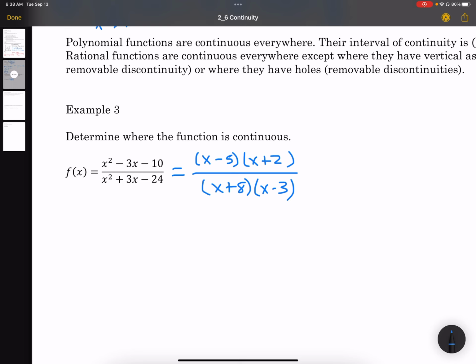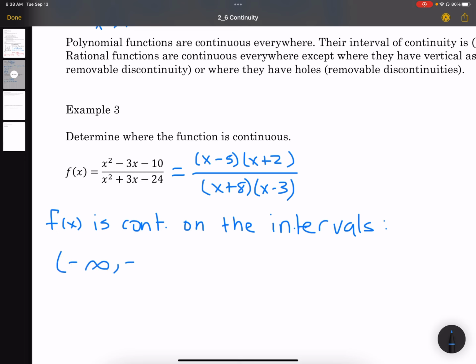So our interval of continuity, we would say f of x is continuous on the intervals, because they're both polynomials, -infinity to -8, union -8 to 3, union 3 to infinity.